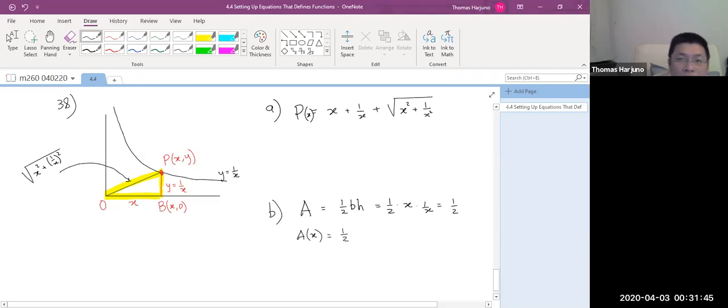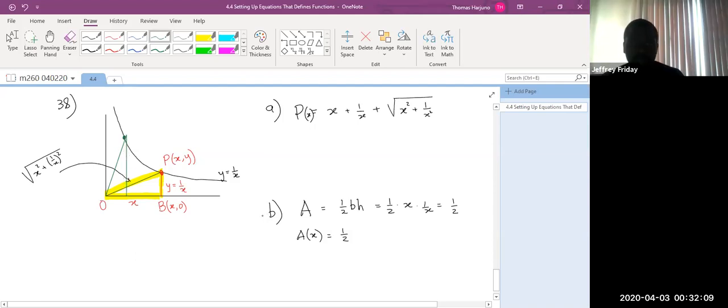In other words, I can choose my coordinate p to be here, or my coordinate p to be there, and the area of this triangle is still 1/2. Why?